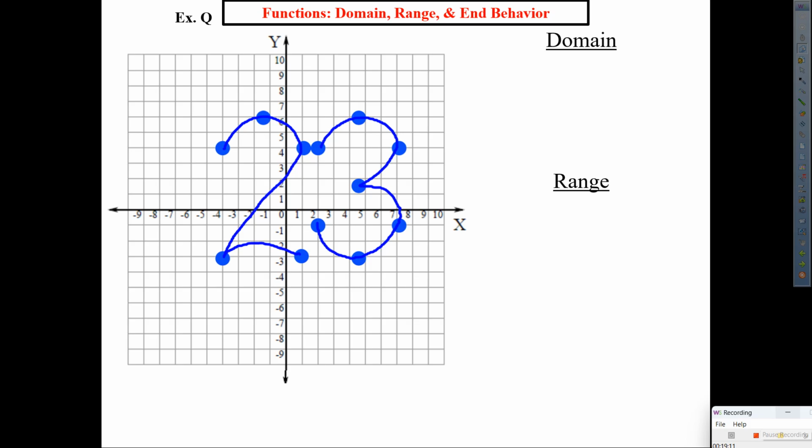So be careful where you're trying to pinpoint your domain. I did that on purpose. Same thing with the range. Think outside the box. If you need to, zoom in, so that you can see where it aligns on the x value. Same thing for the y value.